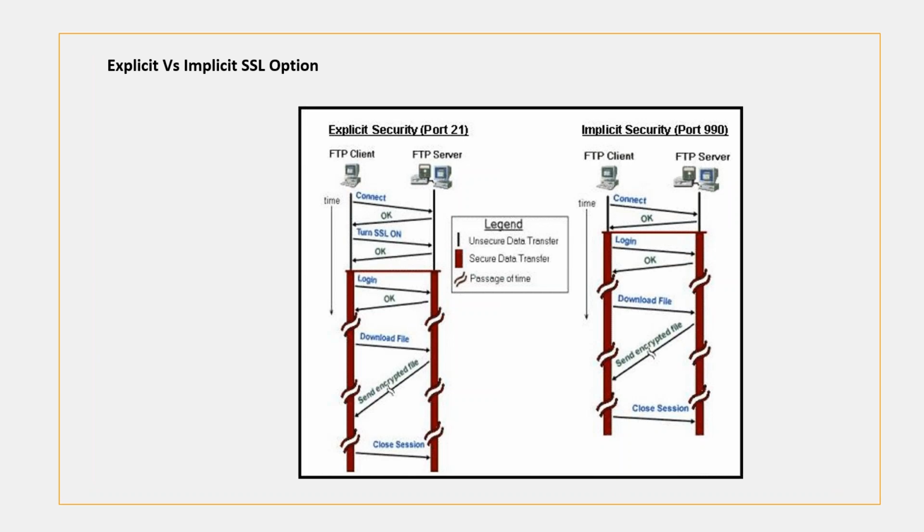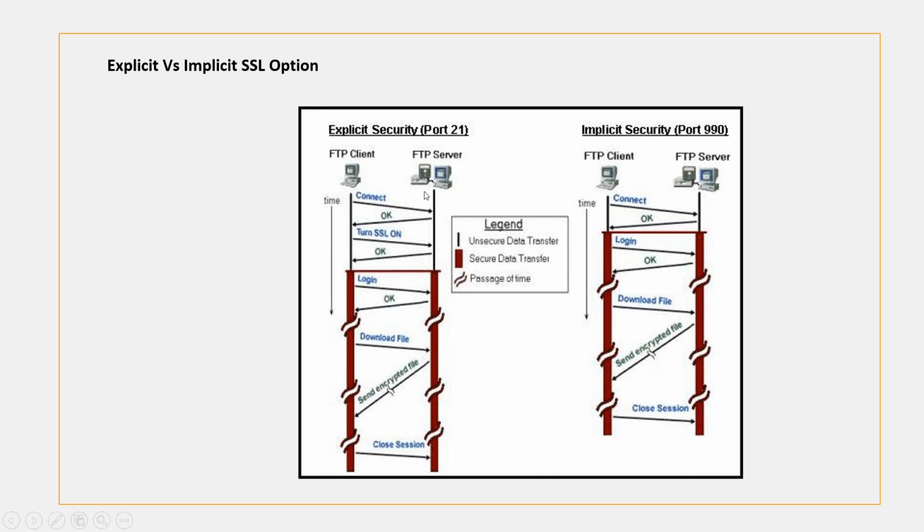When it comes to explicit and implicit, you have to select explicit mode or implicit mode, the SSL options. When you select explicit mode, the client connects to the server, right, and the client explicitly requests TLS or SSL encryption to be switched on. The client then talks to the server using this encrypted channel.